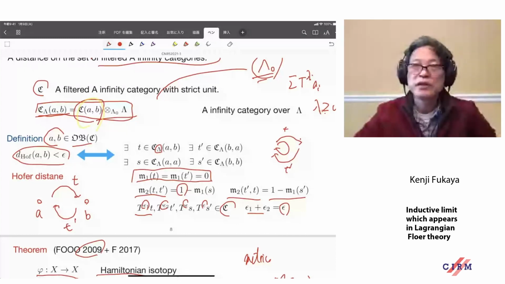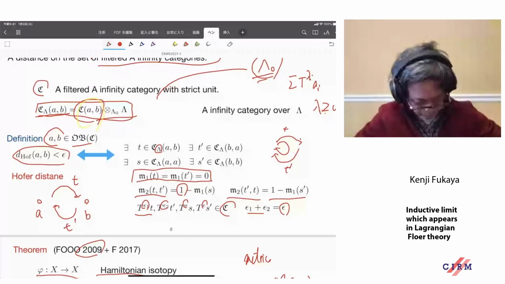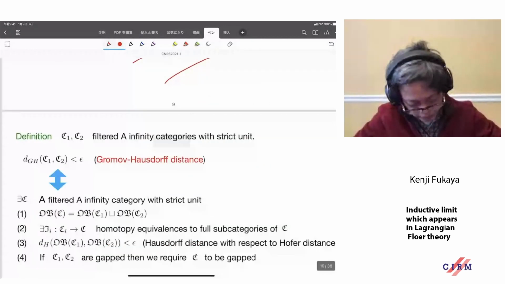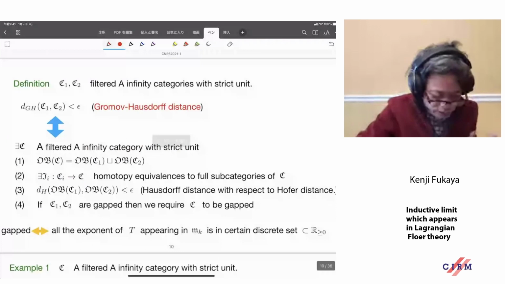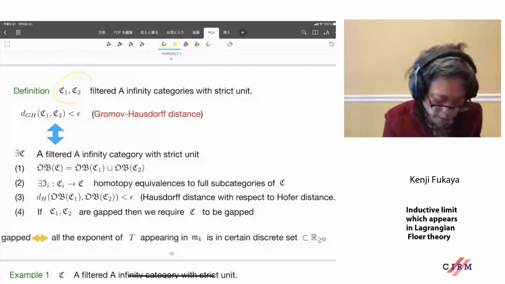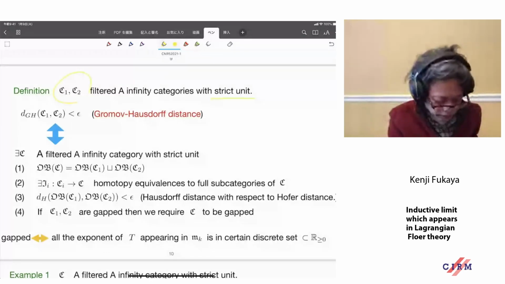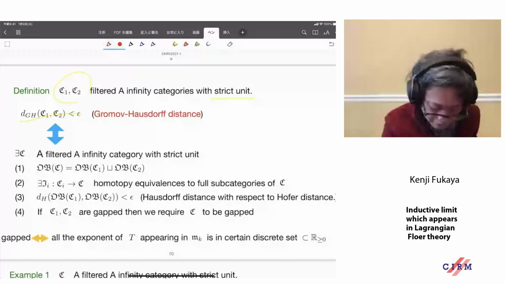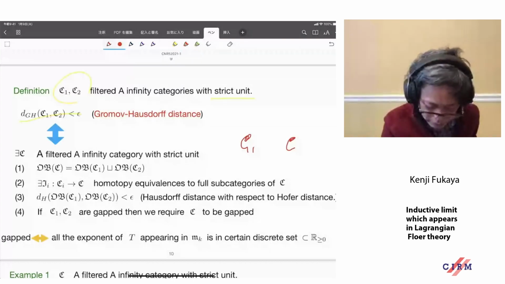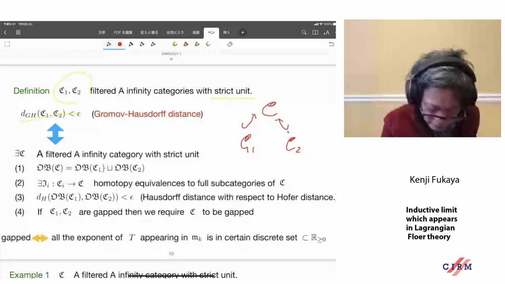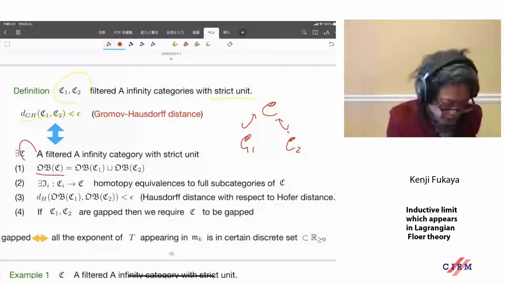Go ahead. Yeah. So the next definition is a metric on a space of filtered infinity categories. I want to call it Gromov-Hausdorff distance. Suppose we have these two filtered infinity categories with unit. Their Gromov-Hausdorff distance is smaller than epsilon if you have this C1 and C2, and they are contained in a third filtered infinity category C. And the objects of C are just the union of the objects of these two.